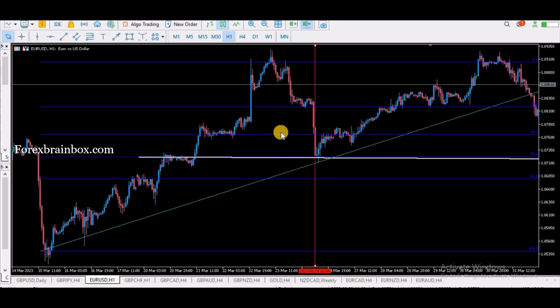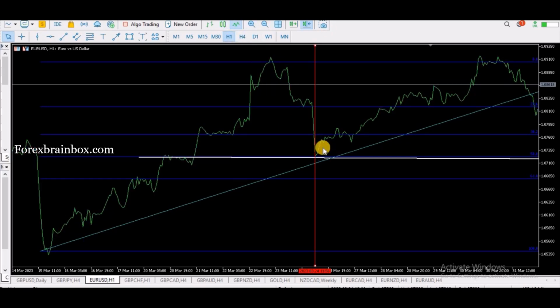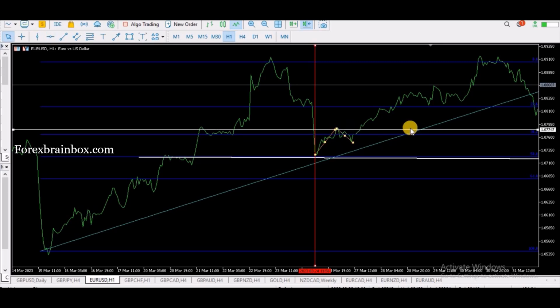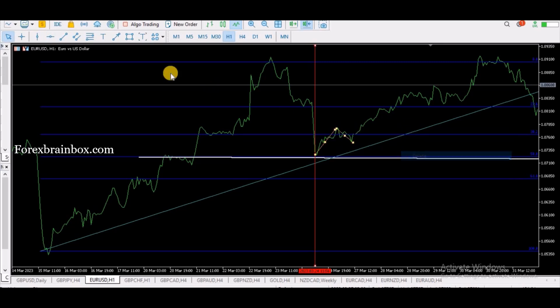You just want to see structural formations, and the best way to see those structures is through your line chart. Sometimes candlesticks don't give you the structure, so I'm going to change this over to my line chart, and you're going to see a market upward movement, right, and a little pullback, and you can place your horizontal line just above the first high.